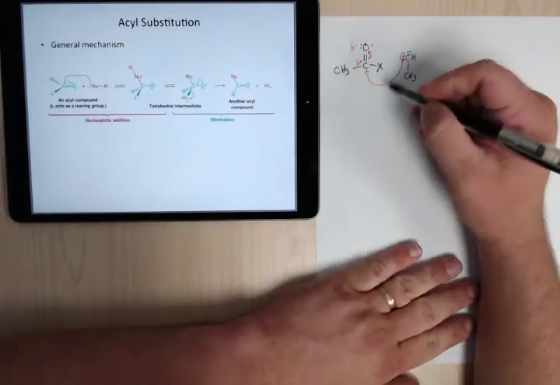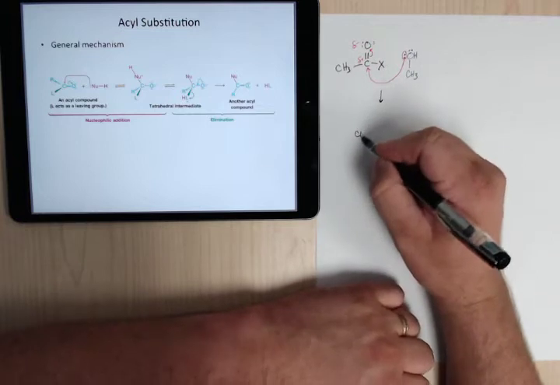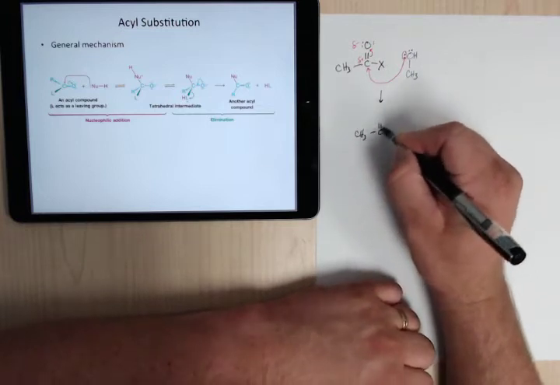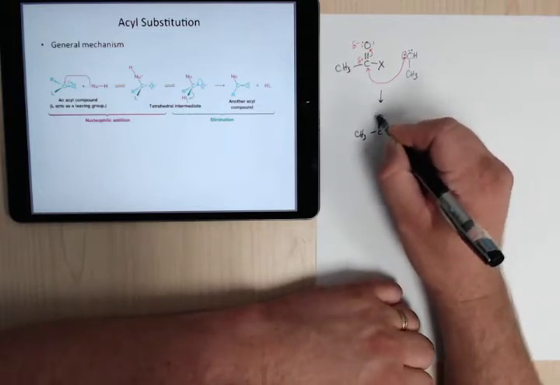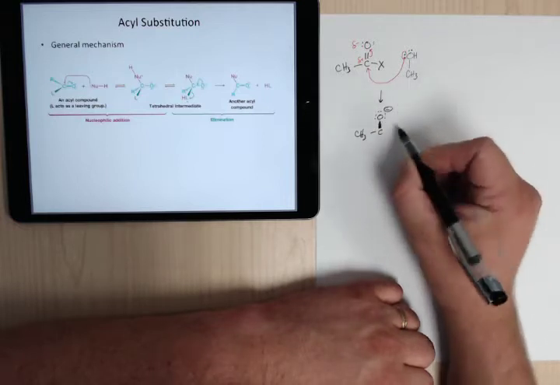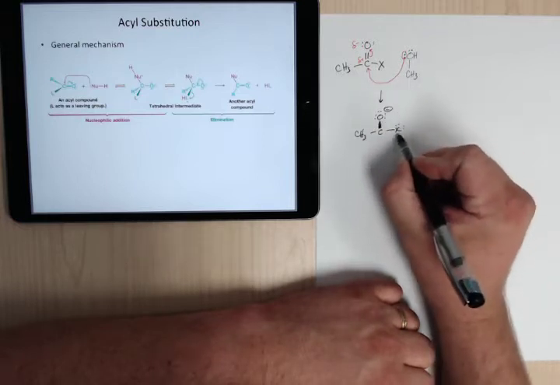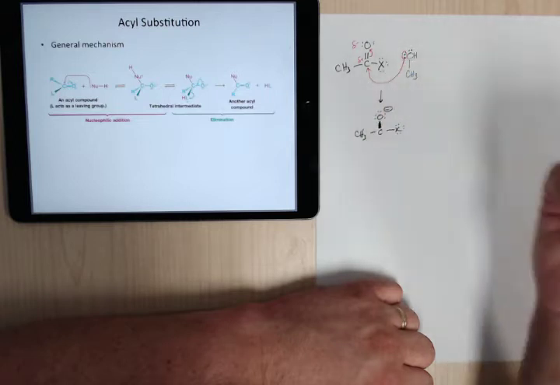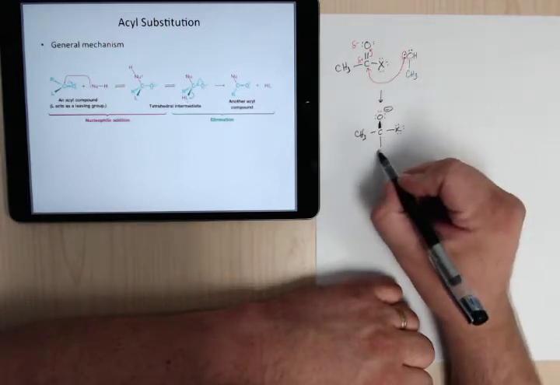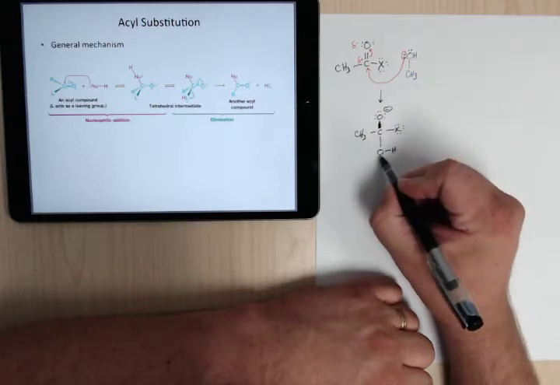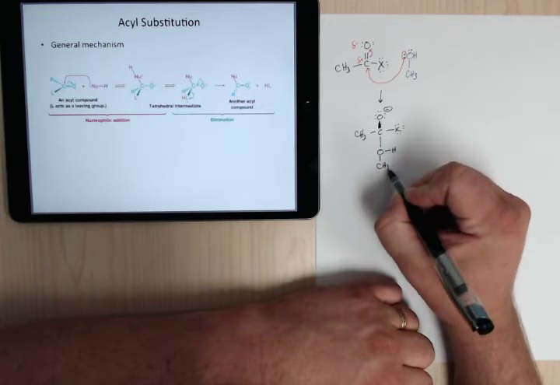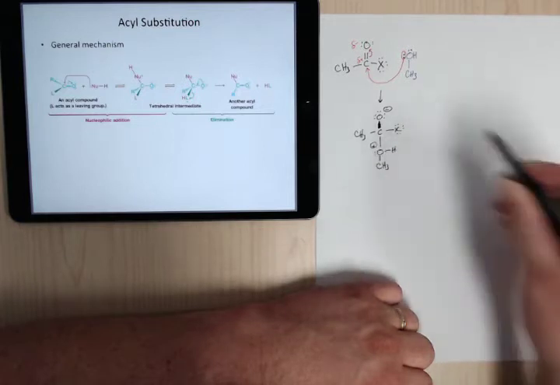And so you end up going through what's called the tetrahedral intermediate. Oops, that's a single bond. Oops, I forgot to change the colors.